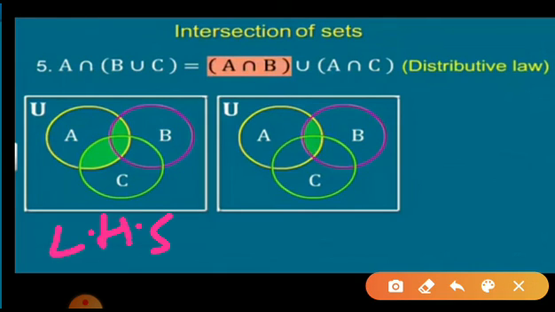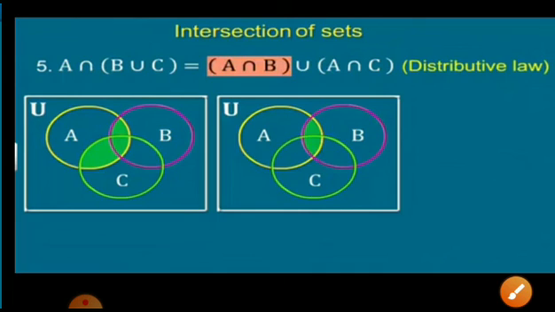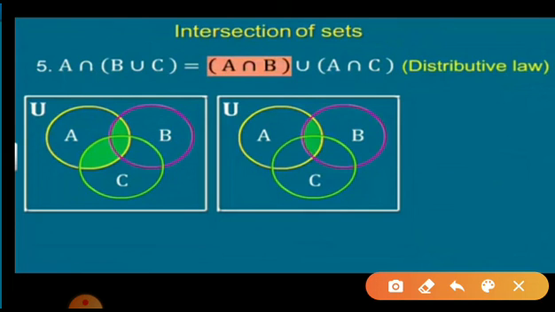Now consider the RHS. First is A intersection B. This is set A, this is set B. The part common to both A and B is represented in green. Then I take the union with A intersection C. A intersection C will be this part.